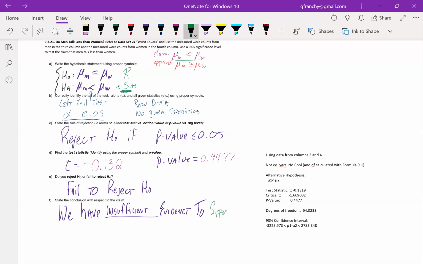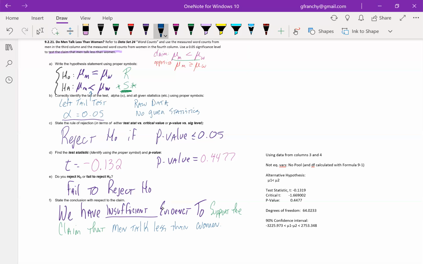So we don't have the evidence to support the claim that men talk less than women.